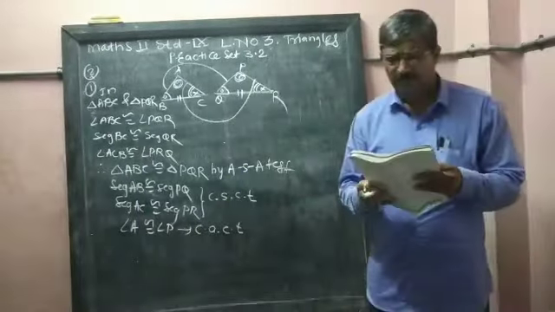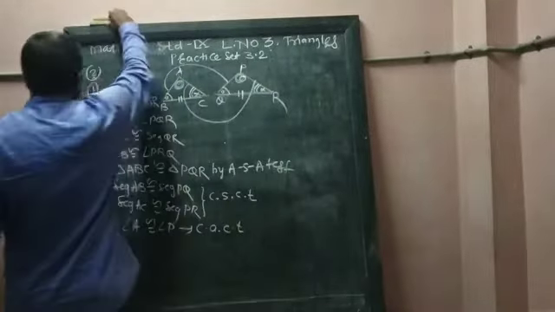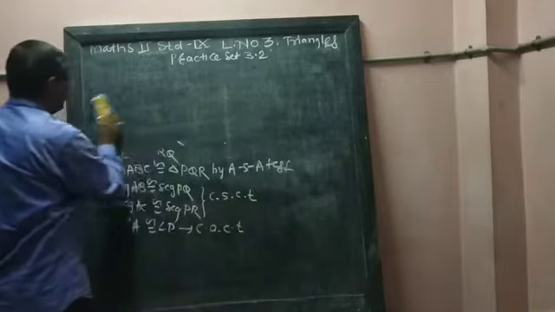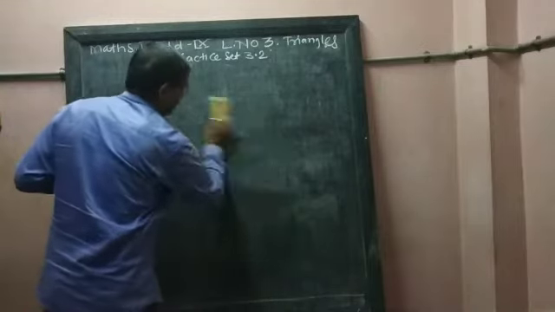Now the next question, the second one, is also quite simple. I will draw the diagram. You should also draw the diagram and read the information given. Be ready to get the solution.